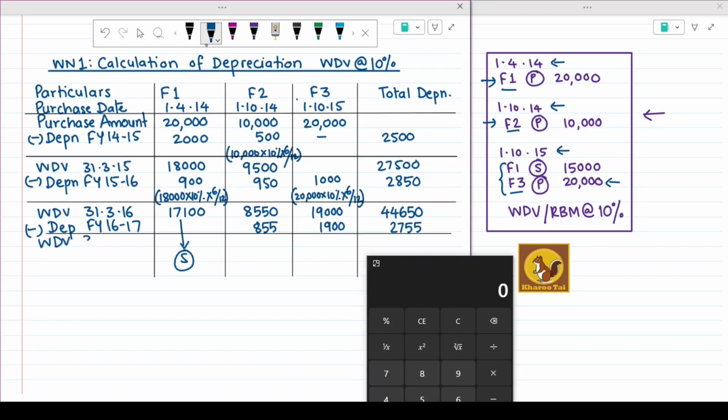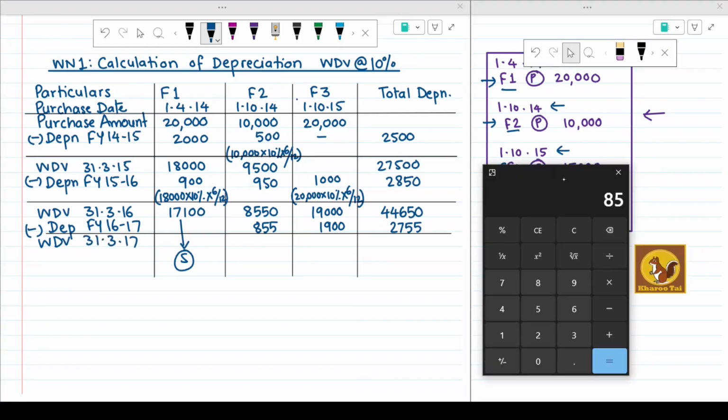WDV as on 31/3/17. 8,550 minus 855 will give 7,695, and 19,000 minus 1,900 is 17,100. 17,100 plus 7,695 will give 24,795. With this, our working note 1 is ready, and we have got the WDV of the asset sold.